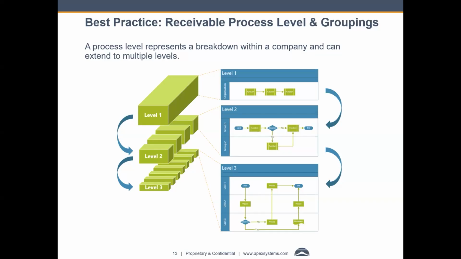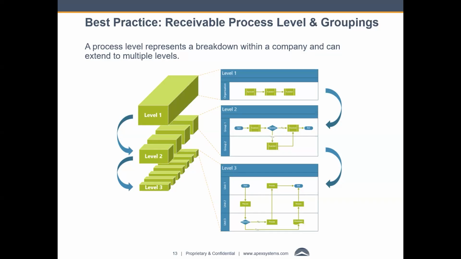A process level contains default balance sheet global ledger accounts, which we have gone over a little bit with Beverly in the previous slide. You can also default cash and accounts receivable accounts. You can sort transactions by process level on forms and reports.